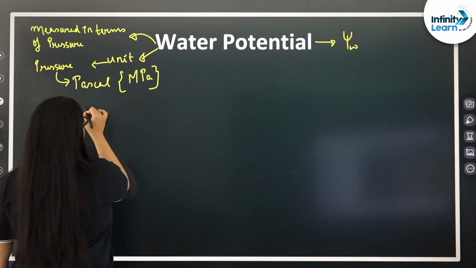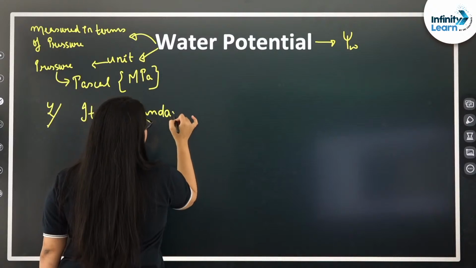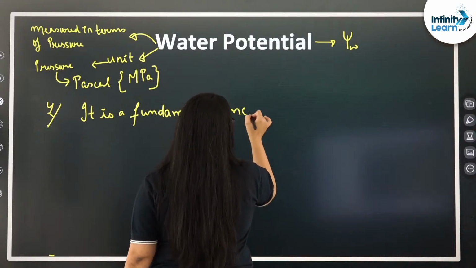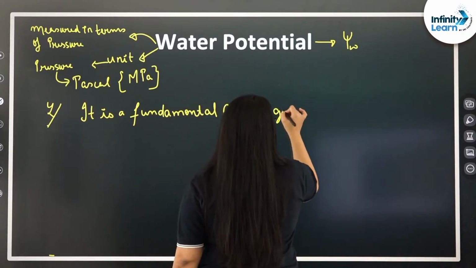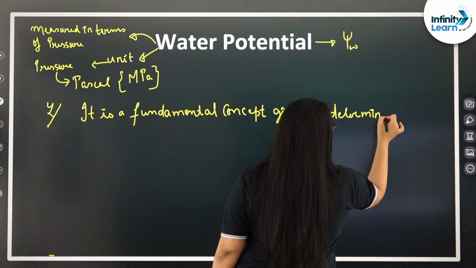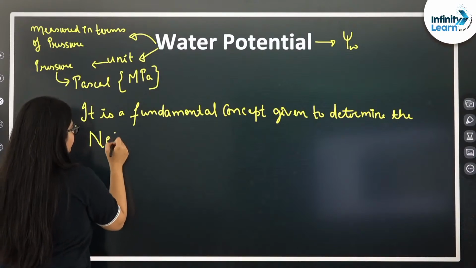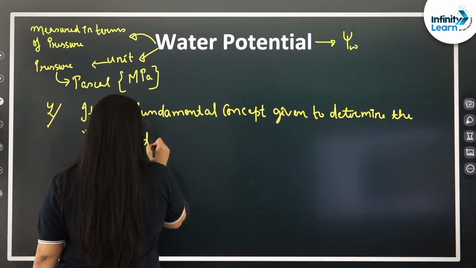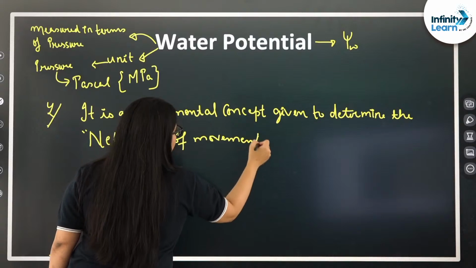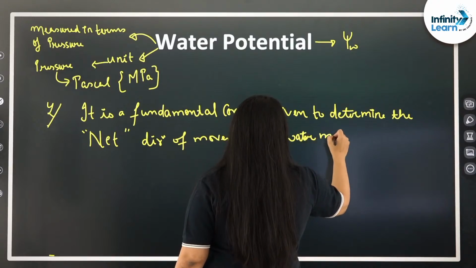So here I am giving you the definition of water potential. Water potential is a fundamental concept given to determine the net direction of movement of water molecules.